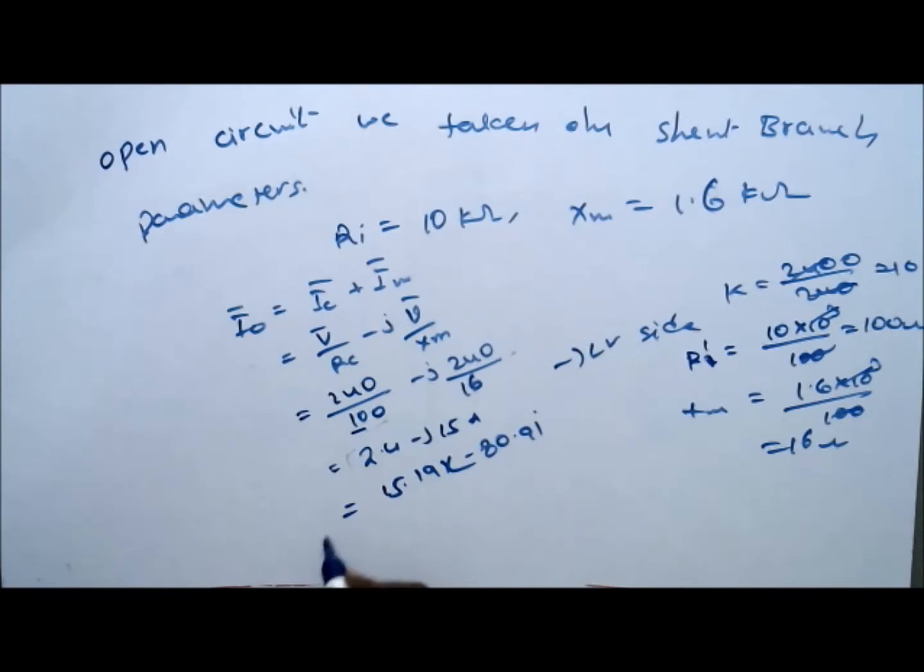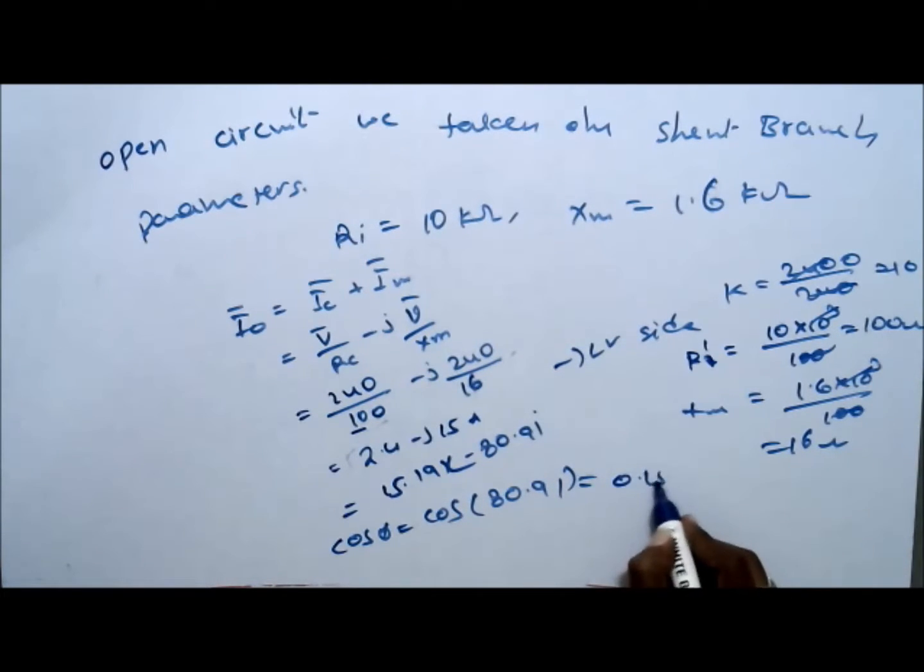So what is the power factor? Cos phi is equal to cos of 80.91, that is 0.1579. This is the power factor, and this is the problem of A, first section.